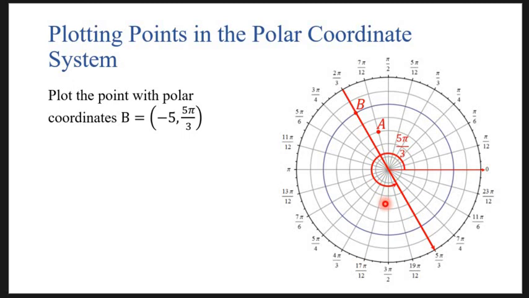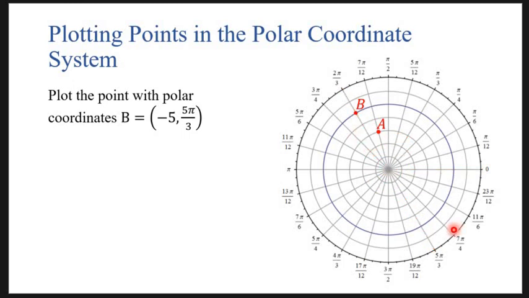So once again, when you have a negative radius, instead of plotting the point on the terminal side of that angle, 5 pi over 3, you need to extend a straight angle through the pole and then plot that point the absolute value of r units away from the pole along that extended line segment.